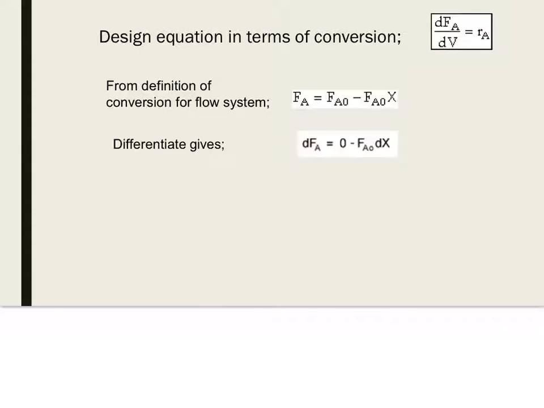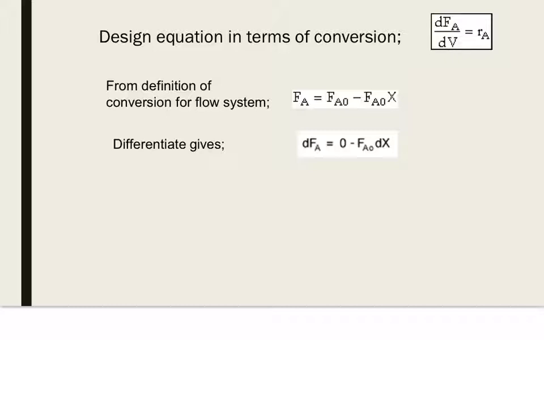What we do is differentiate this definition of FA, which gives us dFA. FA naught is a constant value, and differentiating a constant gives us 0, while differentiating FA naught X gives us FA naught dx.